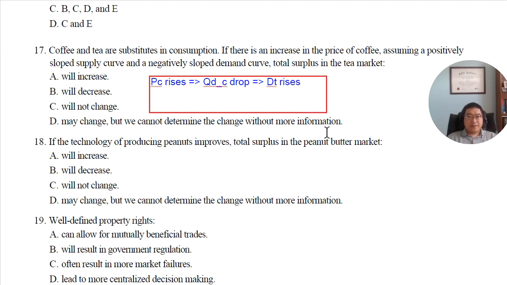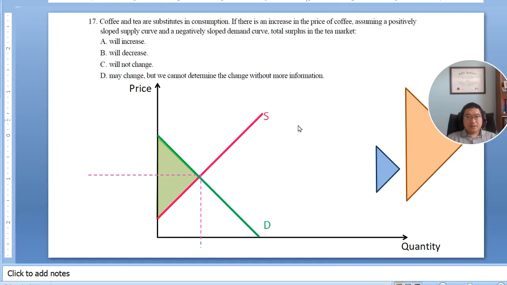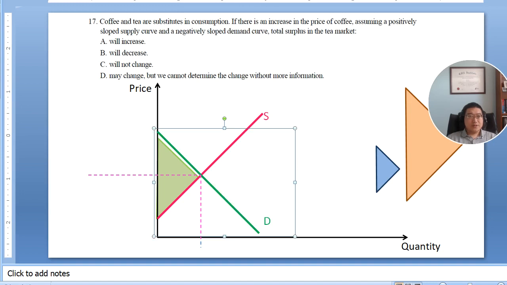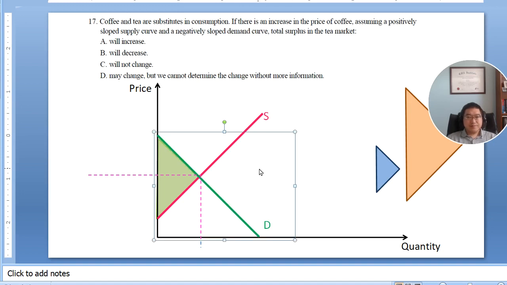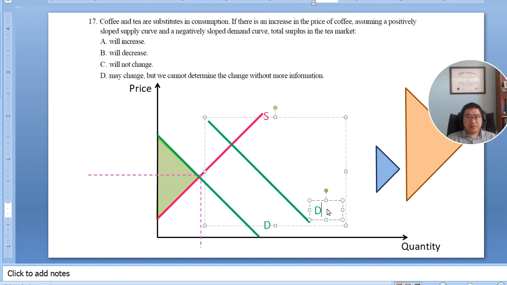That's what's going to happen. Okay, and let's look at this picture. After the price of coffee increased, I have a new demand for tea moving out. Let's draw a new demand curve, kind of move it out.